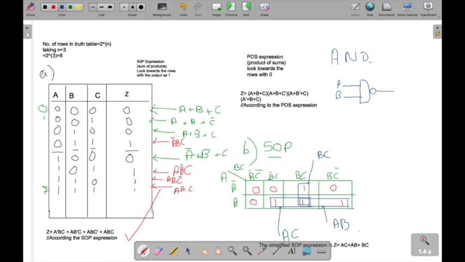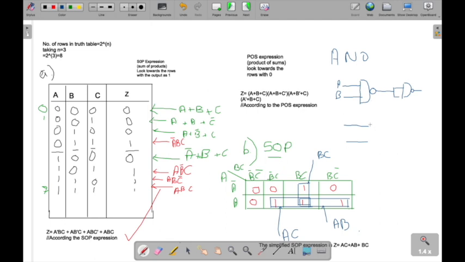This is the AND gate of the NAND form, right? Sorry, in here you should have put one more thing. You should have this, right? So this is the AND gate of the NAND version.